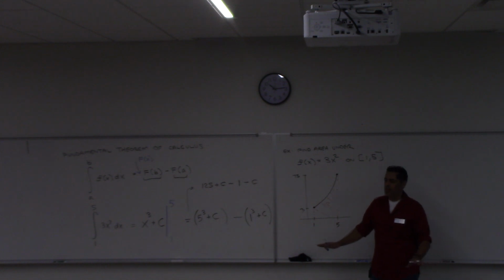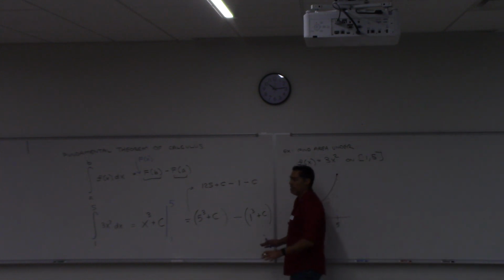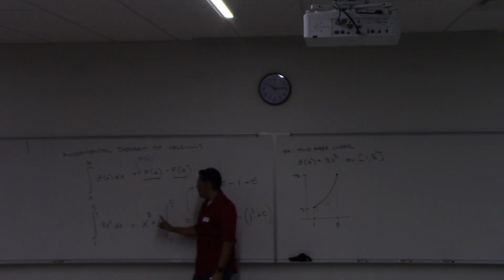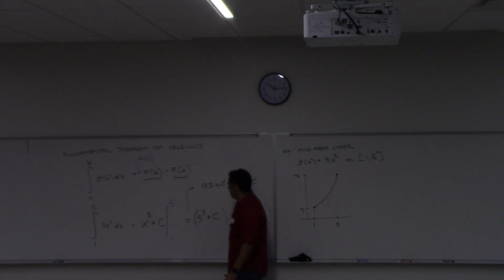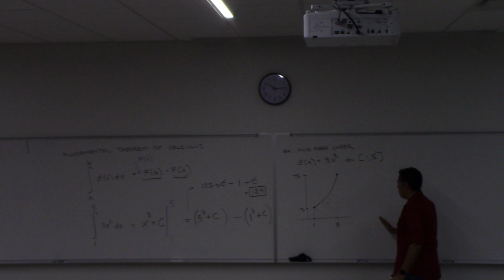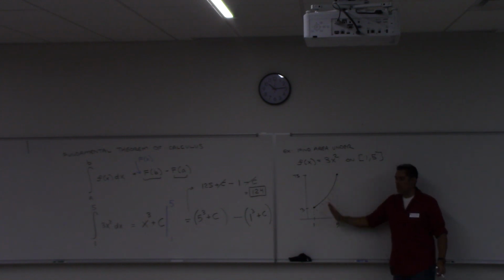Anytime I do this, I would always get the plus C to cancel, which means that from here on, when I do this antiderivative step, I'm not going to put plus C. I'm just going to put the antiderivative and act like C is 0, let's say. All right, so what's my answer? 124.